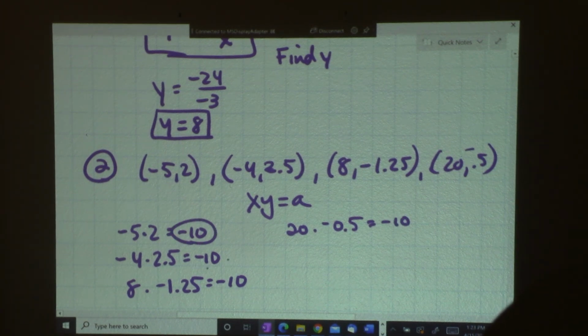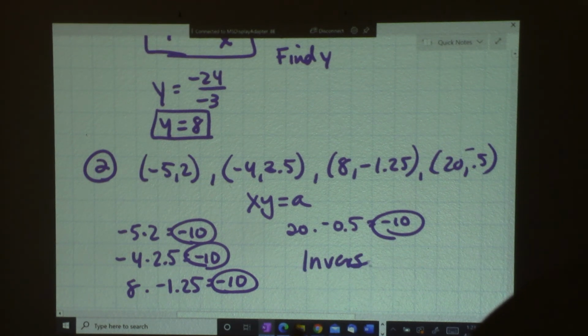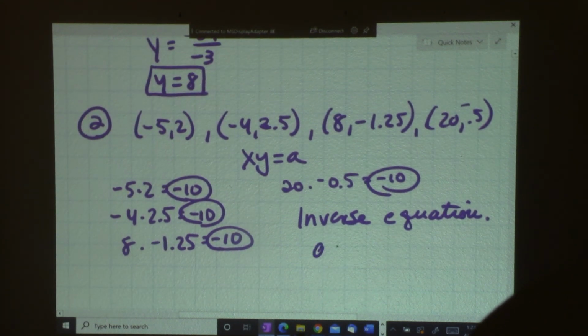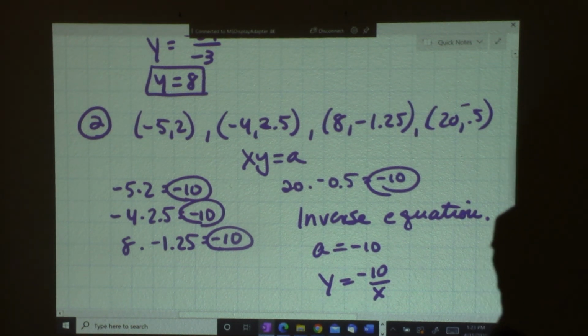So all of my constants are the same, so I can say that it does vary inversely. It's an inverse equation. Okay, and I know that A is negative 10, so my equation will be this.